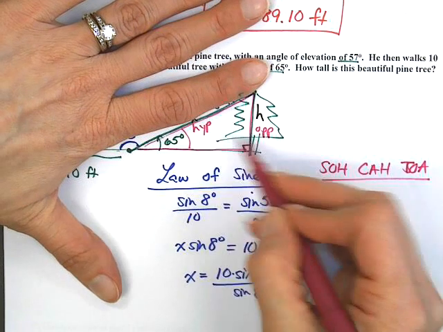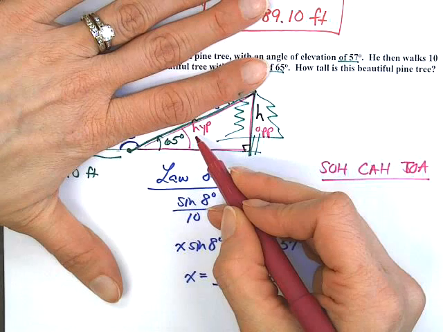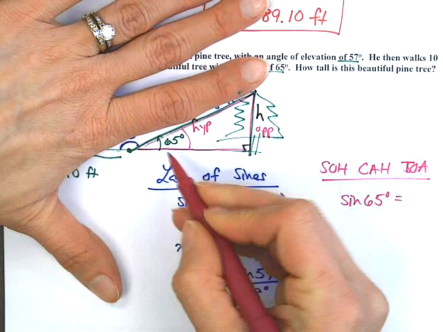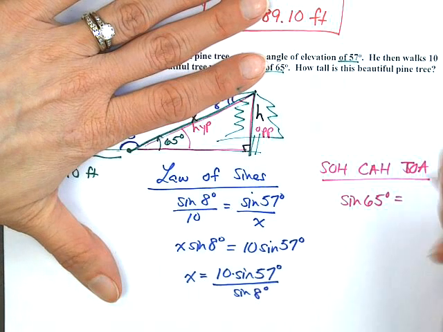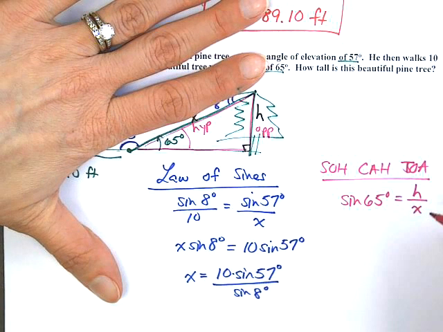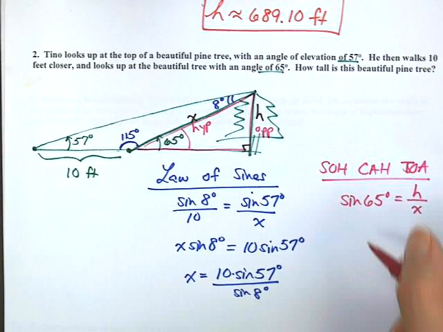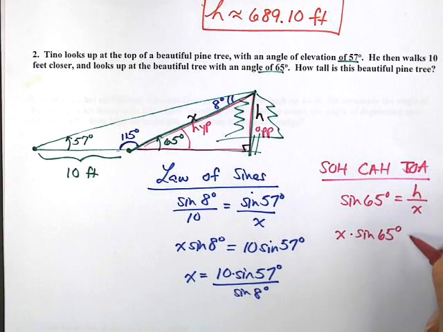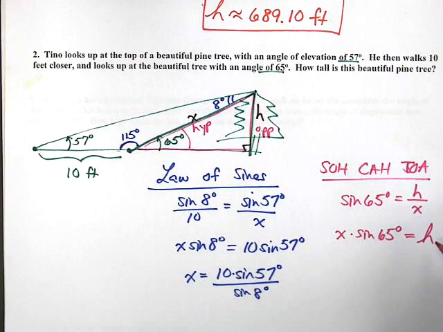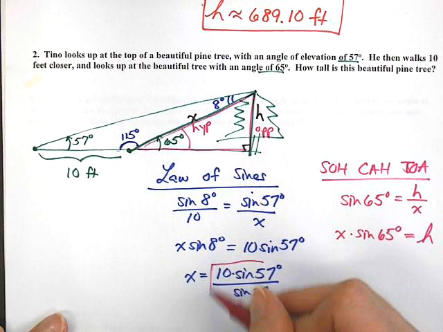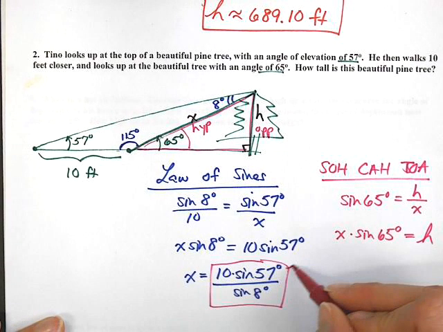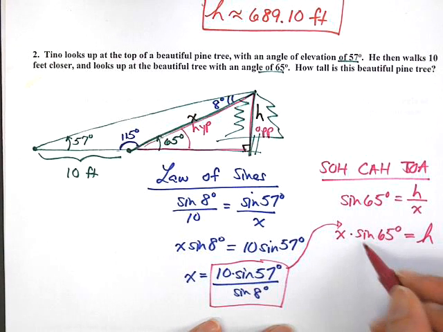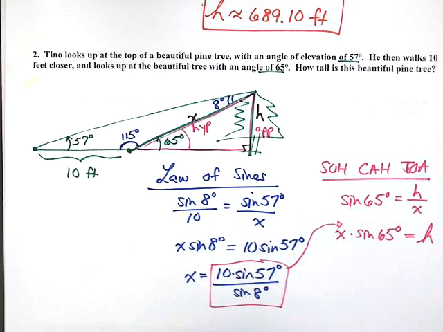So opposite and hypotenuse is going to be sine. The sine of 65 degrees is h over x. If we cross multiply here, x times the sine of 65 degrees is what our h is. And we're going to take this x value, substitute it in right there, take this answer, times by sine of 65, and we'll have our h.